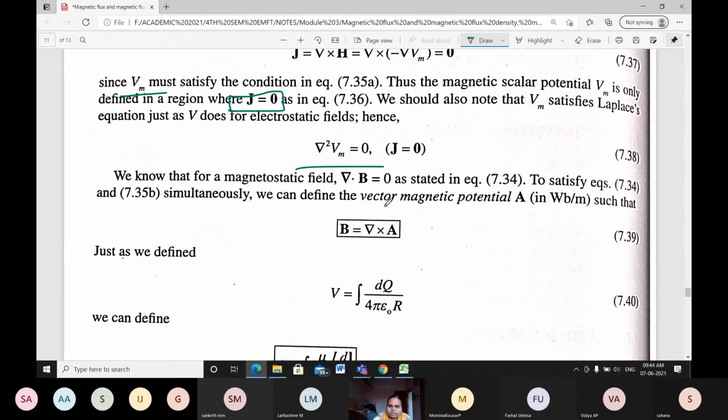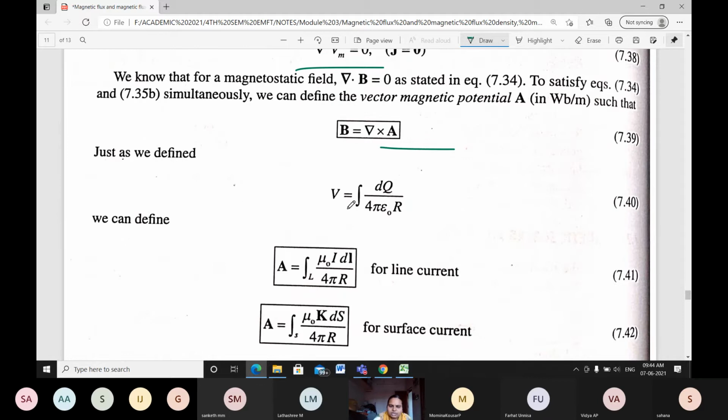Then based on this, the vector magnetic potential A, in terms of Webers per meter, we can write as B equals del cross A, a vector quantity. Then I can tell that V is equal to the integration of dq divided by 4 pi epsilon naught r. This equation we already know.